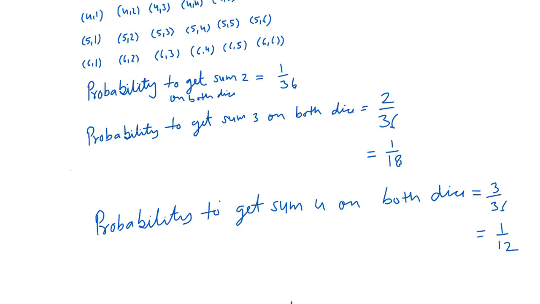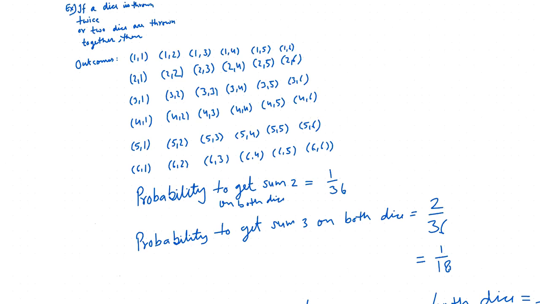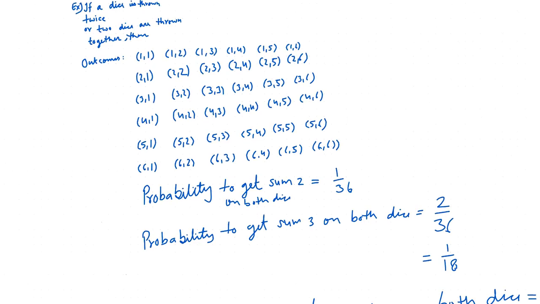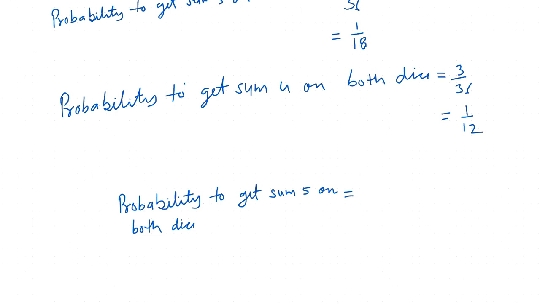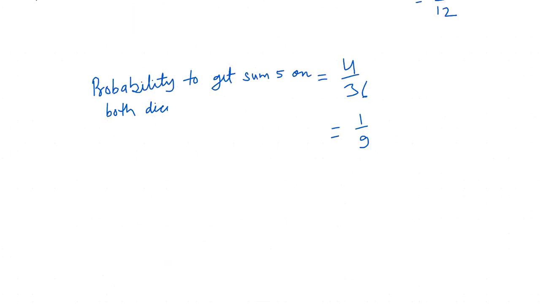See, we have 1 comma 4, 2 comma 3, 3 comma 2, and 4 comma 1. We have 4 outcomes. So let us take this. 4 over 36. So 1 upon 9. Now let us find probability to get sum 6.